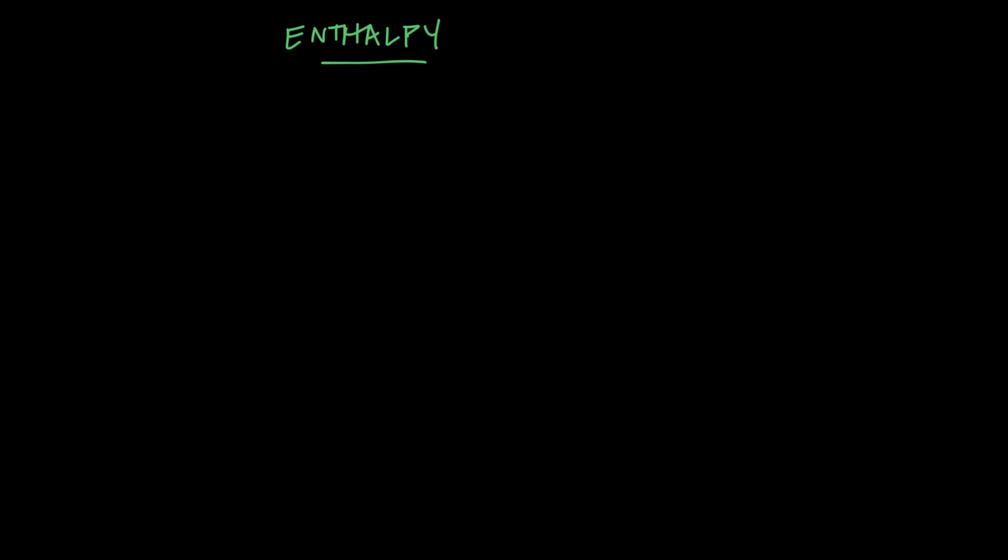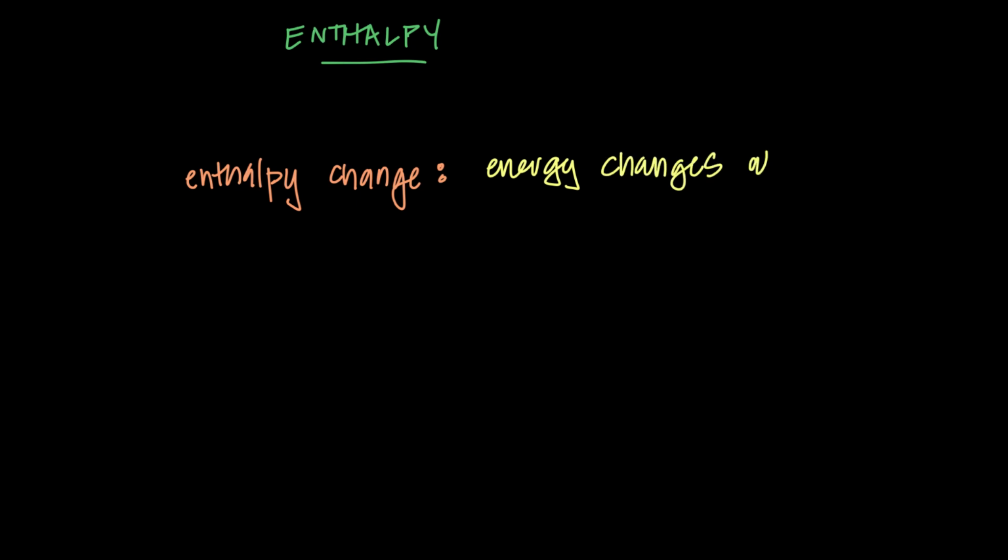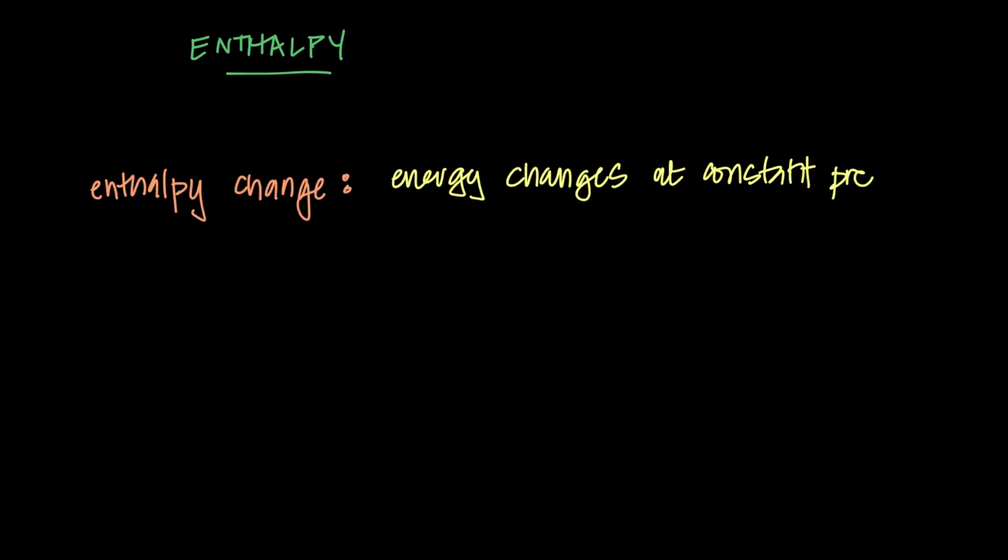So what does the term mean? It means energy changes or transference occurring at constant pressure. That's important. Constant pressure. That's what it means to have an enthalpy change: energy changes happening at constant pressure.